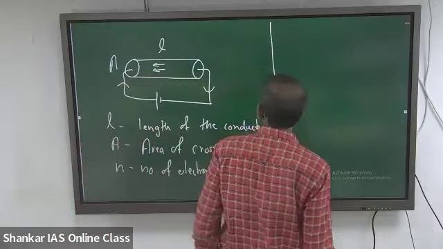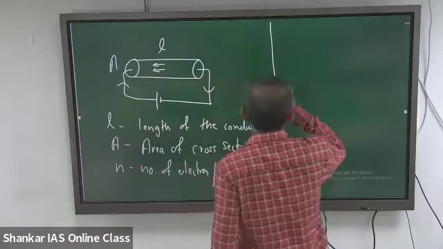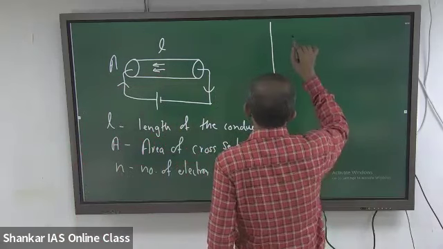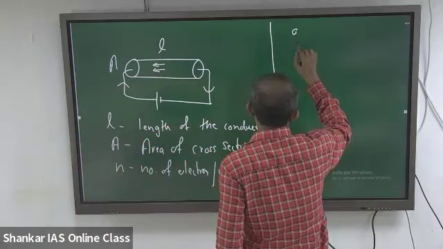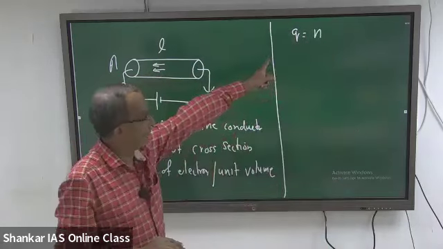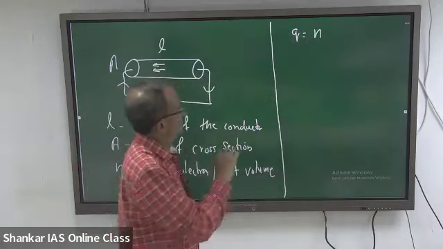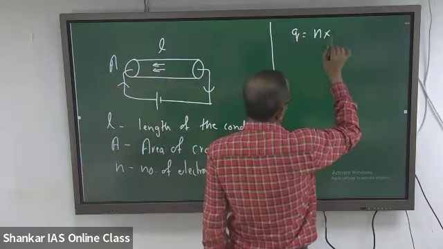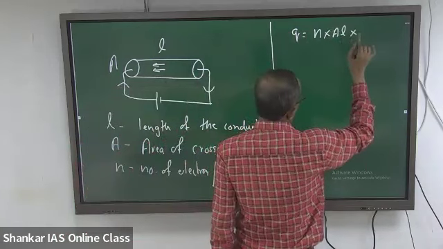Now we are going to find out the total charge. Q equals n, the number of electrons per unit volume, multiplied by the volume of the conductor, AL, into the charge of the electron.